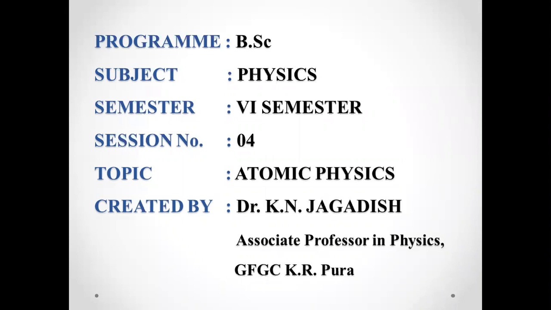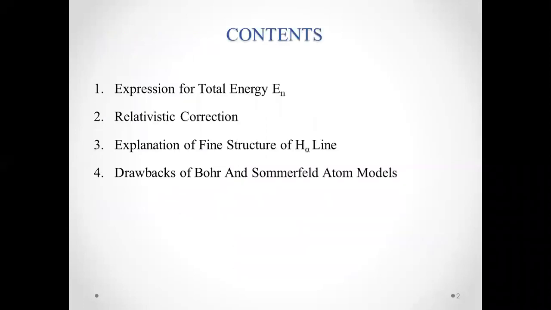Now, this session is a continuation of the previous discussion on Sommerfeld's atom model. The contents of this session are the expression for total energy according to the Sommerfeld model.